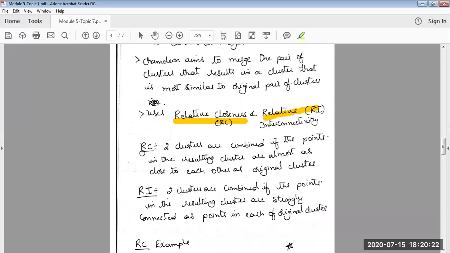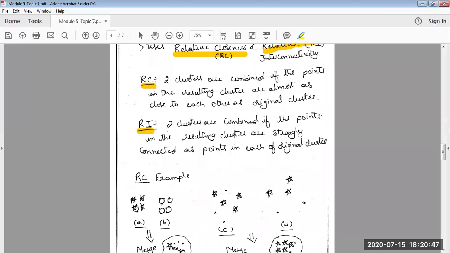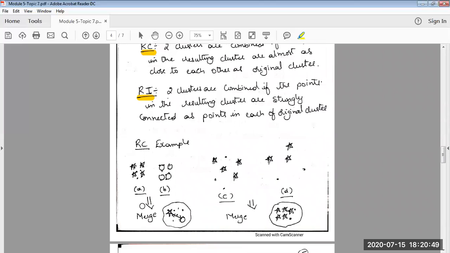Only if these two terms are satisfied will the Chameleon algorithm decide to merge those clusters, ultimately ensuring that the most similar clusters are the ones that will be merged. If clusters are dissimilar, we will not merge them. Ultimately, the benefit is that you can ensure the data points within the cluster are very closely related to one another.